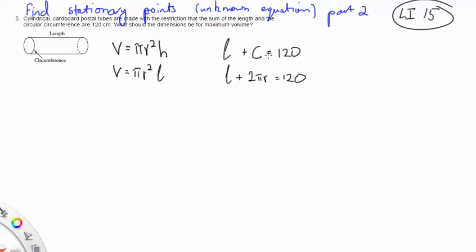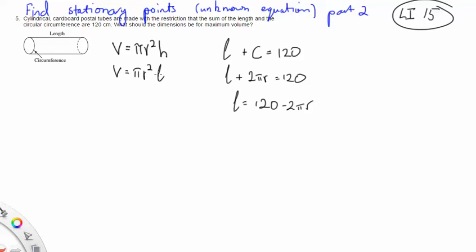Alright, what we're going for here is an equation for the volume in terms of one variable. As soon as you get the volume in terms of one variable, you can solve this problem. Let's get it in terms of r. Well, let's solve for L here. L equals 120 minus 2 pi r.